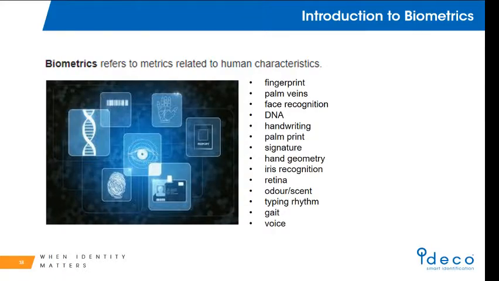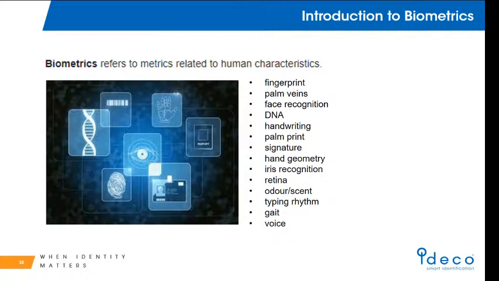Typically the human characteristics that we can measure, and there are many more, this is not a complete list, are things like fingerprints, veins, face recognition, DNA, handwriting. So you'll see from this list, some are really easy to measure, some are extremely difficult to measure, some are reliable, some are extremely unreliable.